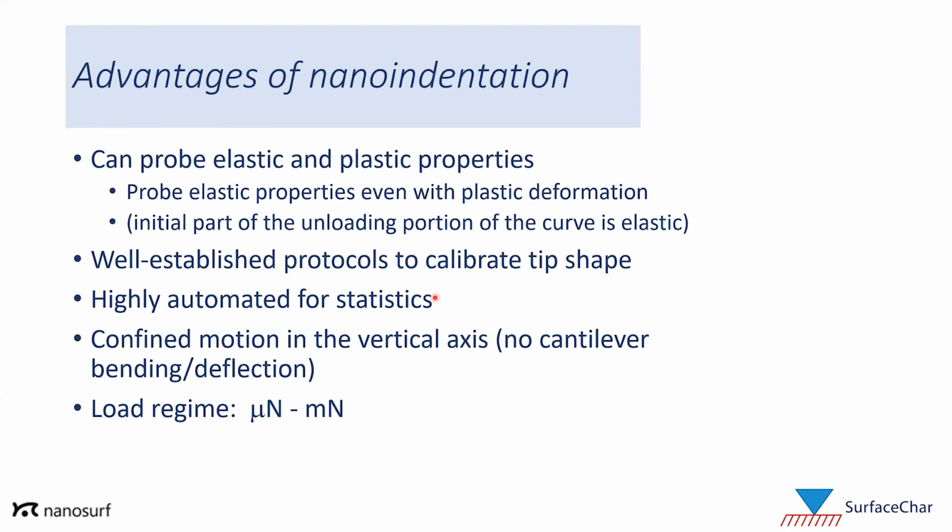As I said, it is a slow measurement, but the instrument vendors have worked very hard at automating measurements so that you can run them for a long time to build up a good number of loading-unloading curves for analysis.